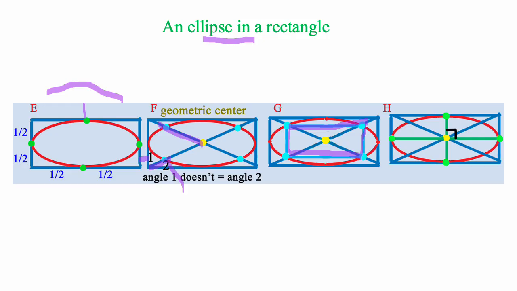Lines bisecting the sides of the rectangles are perpendicular to each other and meet at the geometric center. And they divide the rectangle into mirror images. So this look of an ellipse in a rectangle appears flat, so it cannot represent a circle in perspective, which only looks like an ellipse but is in fact a circle. And so for that, we need trapezoids.